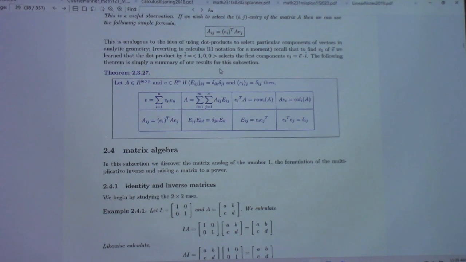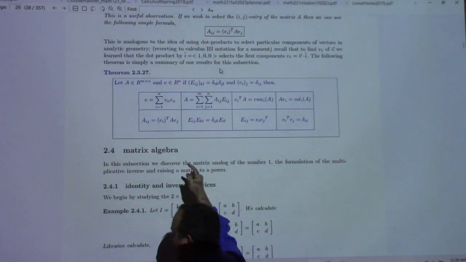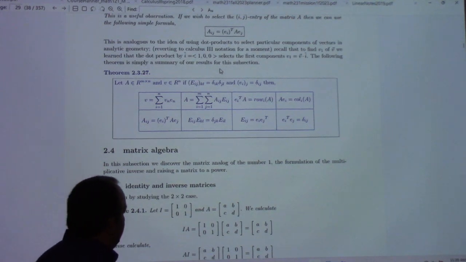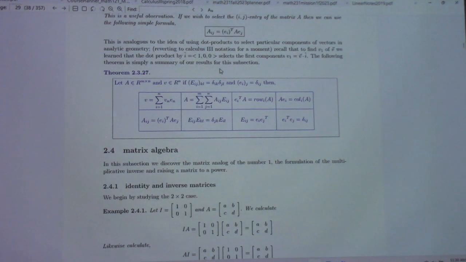This one, that one is important because that basically shows you that the matrix units are a generating set, a spanning set for the set of all matrices, right? And since we can also prove that they're linearly independent, that shows you that the m by n matrices form an mn dimensional vector space over the field, right?